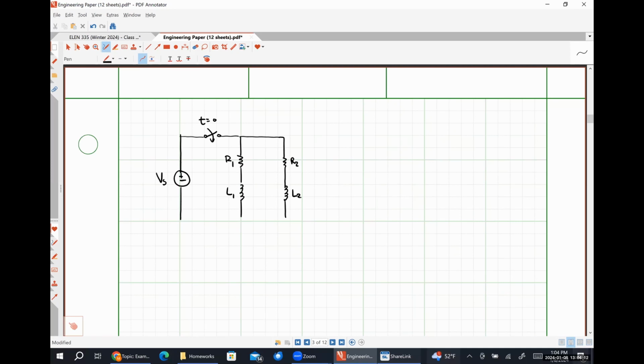I think I need to add another resistor in here, or it's not going to work the way that I want it to. So we'll leave that.